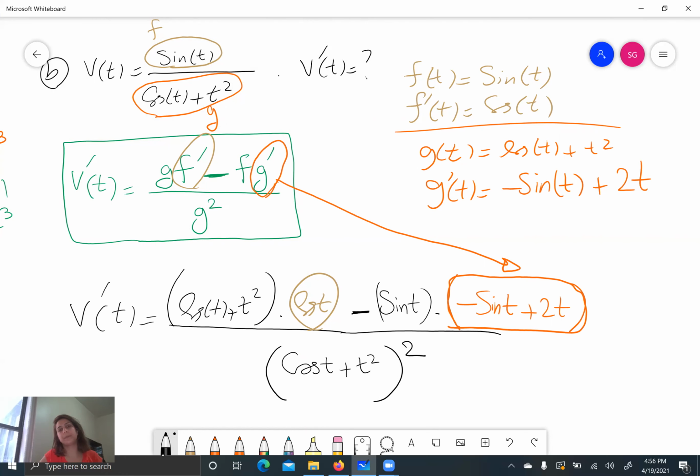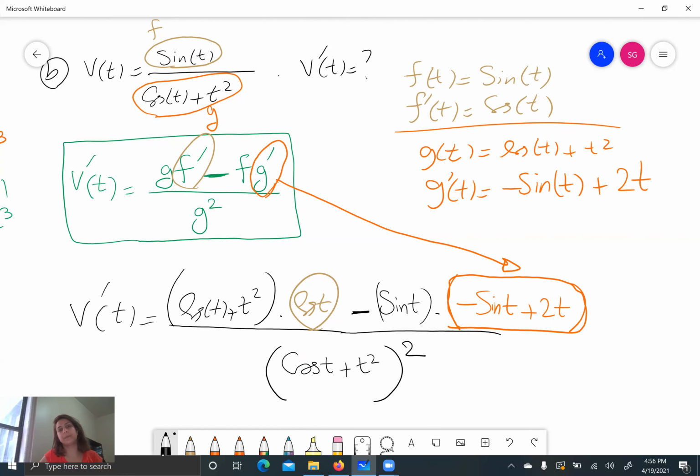So that's the quotient rule, and I'm just writing it here. If I want to use it, I need f prime and g prime. So before going to the quotient rule, let's calculate f prime and g prime.